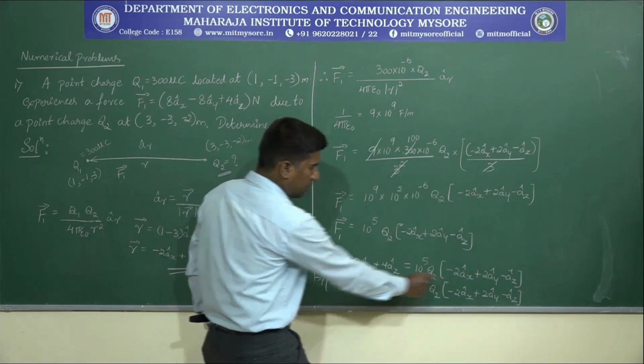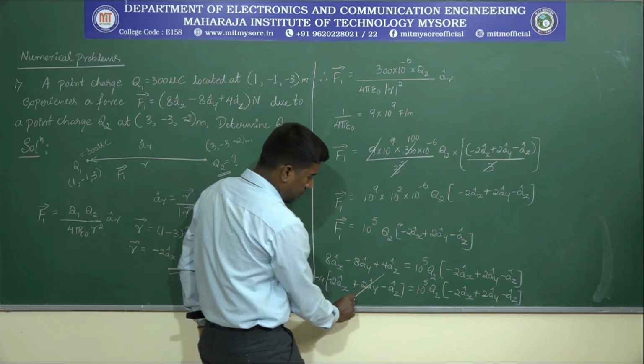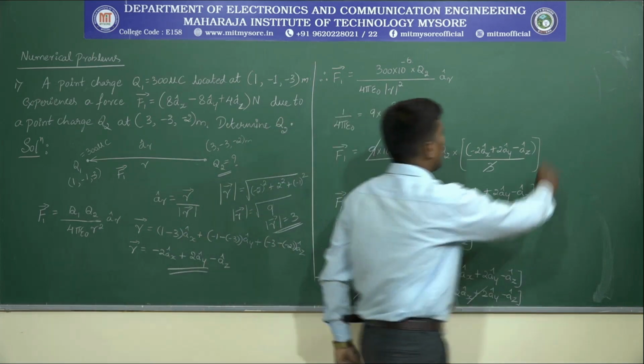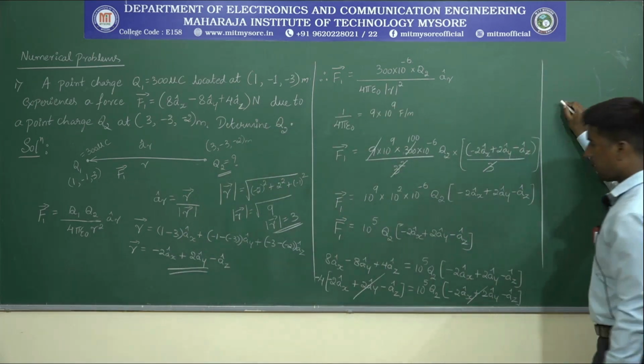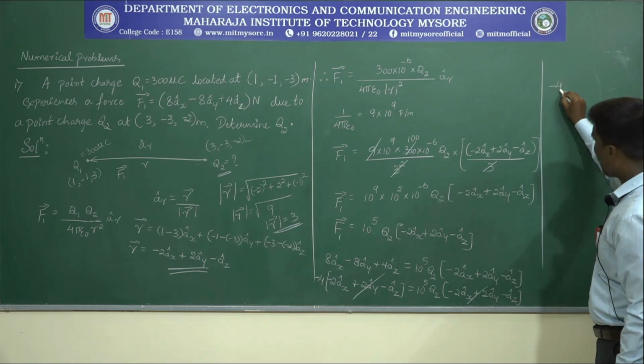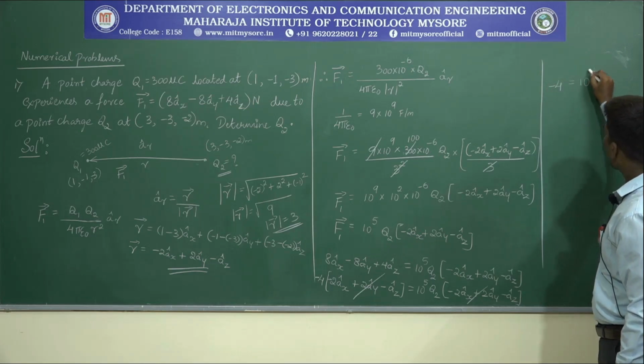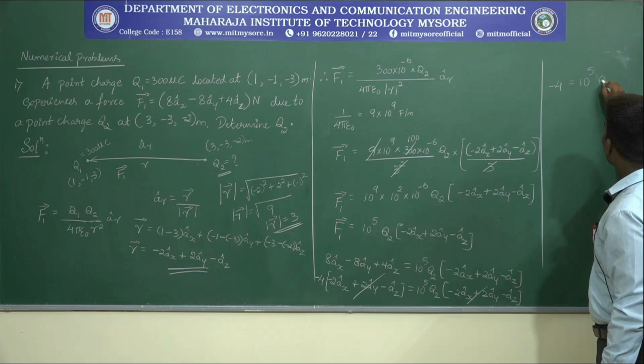See, these two terms are identical, therefore these two get cancelled. Then we are left with minus 4 is equal to 10 power 5 into Q2.